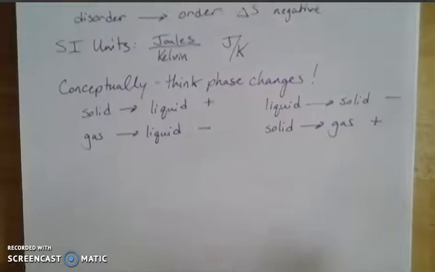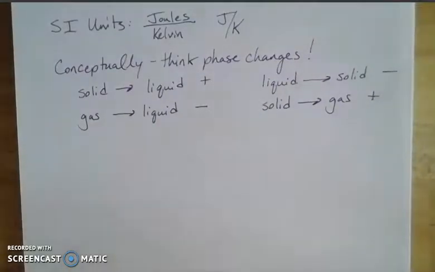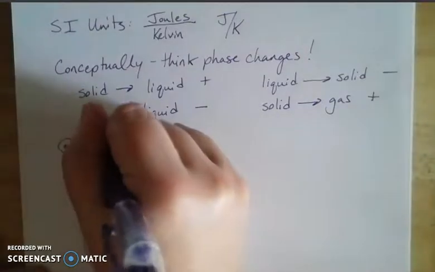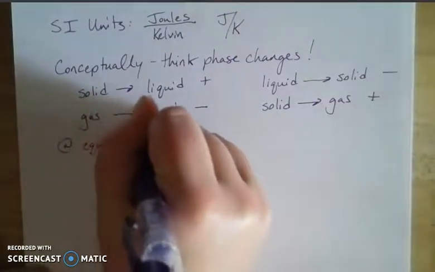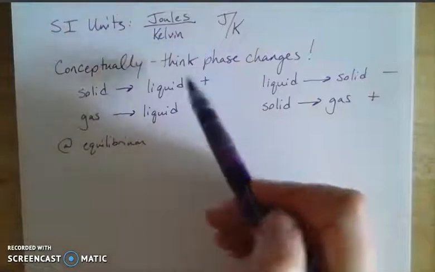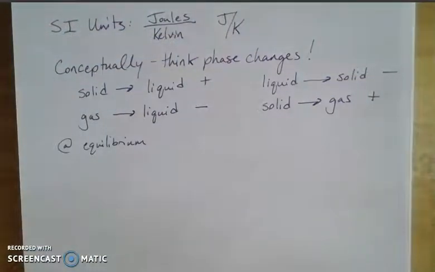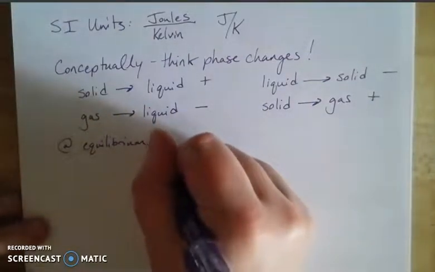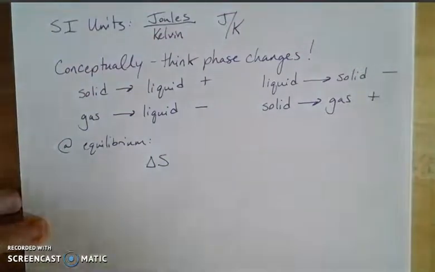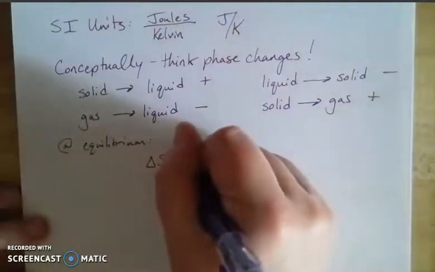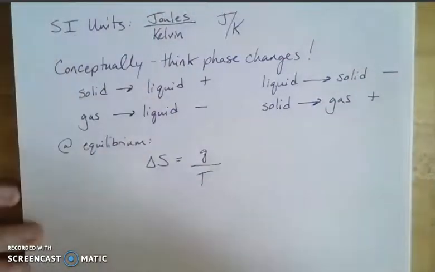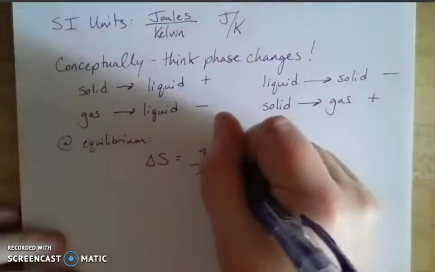So let's think about this in terms of the equation then. At equilibrium, if we're thinking about units of joules per Kelvin, then it has to be some sort of energy per temperature, right? So for a system at equilibrium, the change in entropy is equal to the heat, that's our Q, over the absolute temperature.